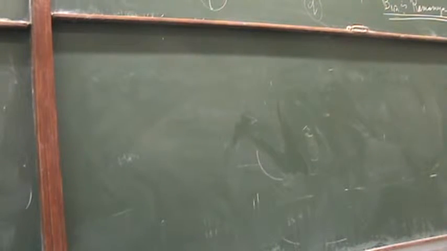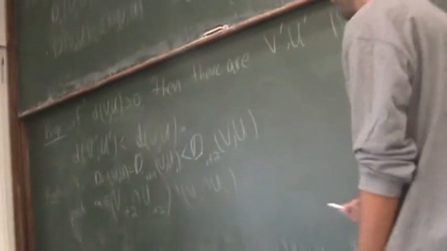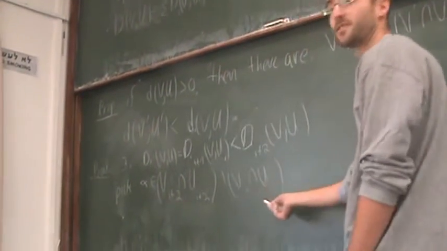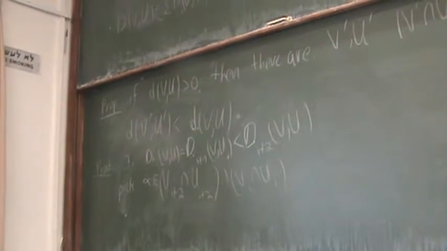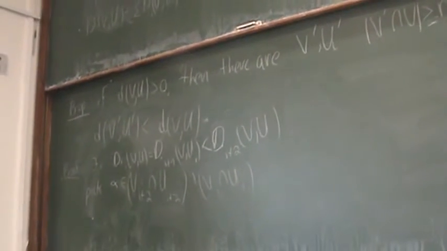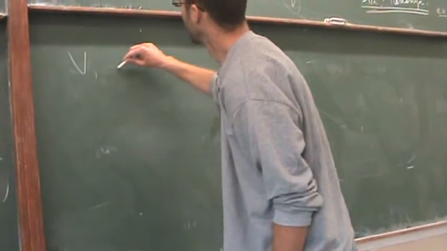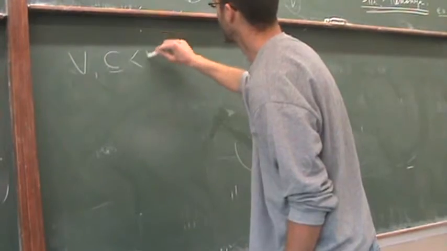So we said that there's an alpha which is in V_{i+2} intersection U_{i+2} and none in this intersection. So basically what we know is this, right?